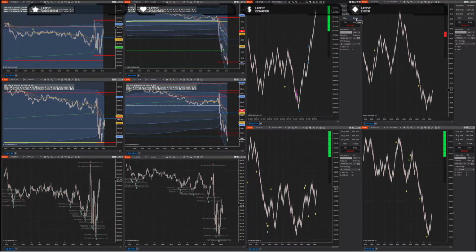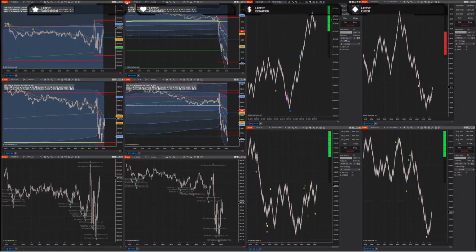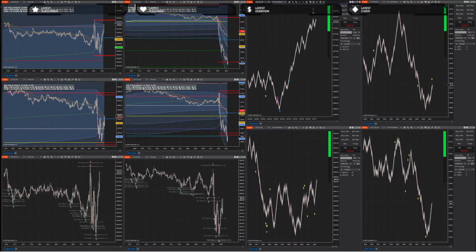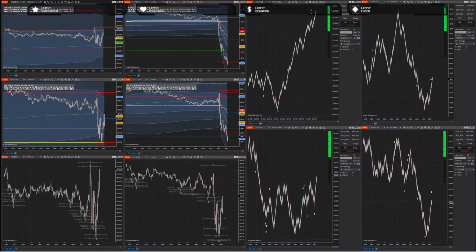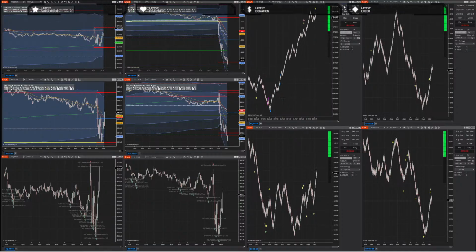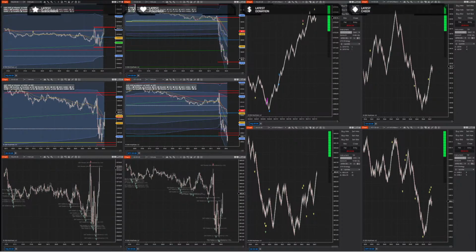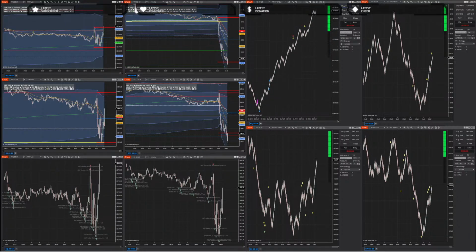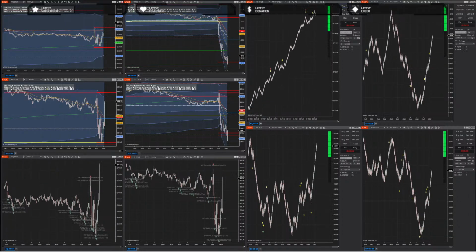Wow, interesting. Okay, well, it's gonna go up to that pivot point then, huh?